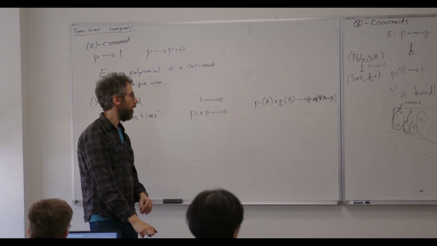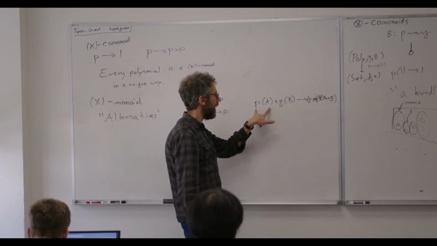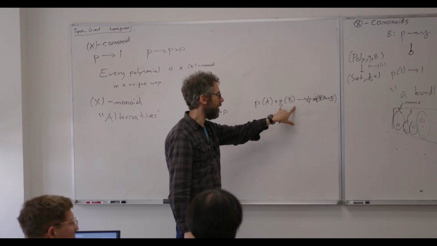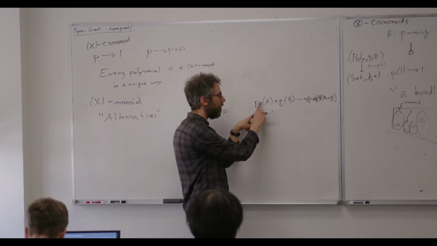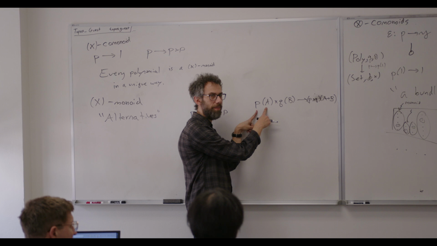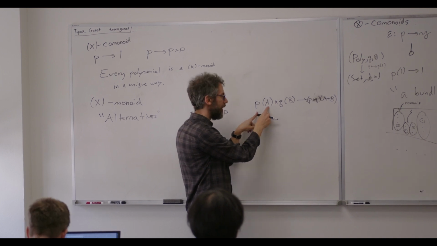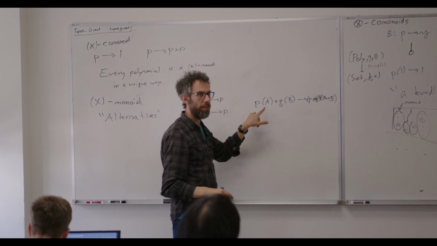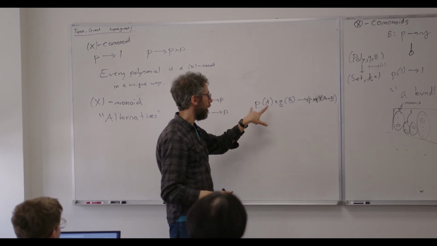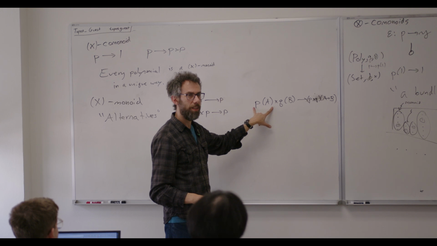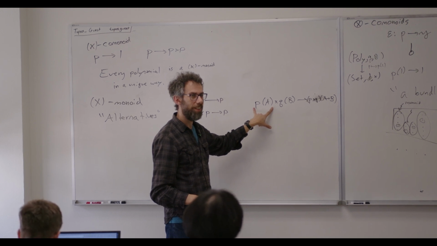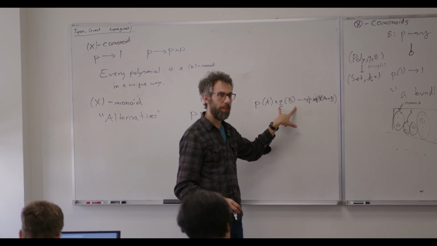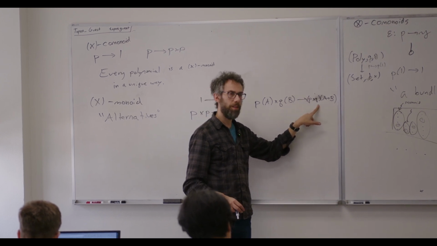Okay. And what this says is, if you have P of A and you have an element of Q of B, so if you have a position of P and for every direction there, an element of A, that's an element of P of A. And I have a position of Q and for every direction there, an element of B. Do I have a position of P times Q?